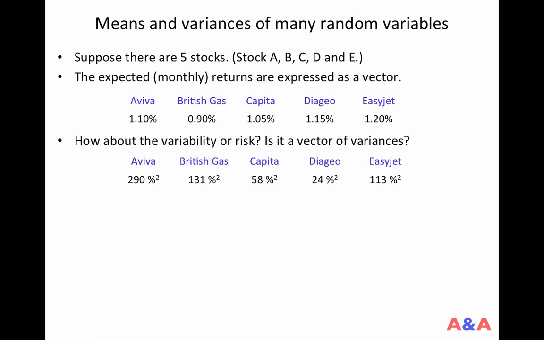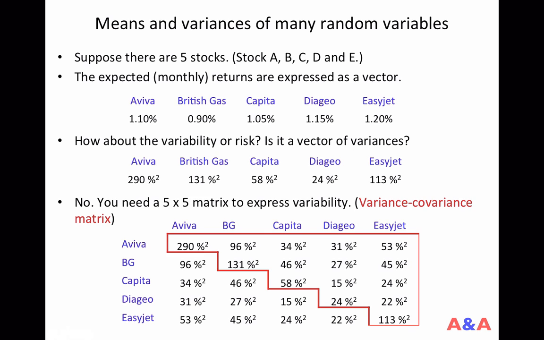In other words, you want not only variances, but also covariances. So, because of that, if there are 5 random variables, the risk information or variability information is given as a 5 by 5 matrix. Okay?